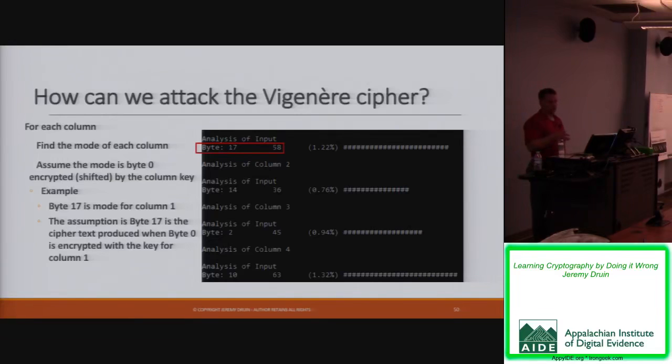Let's assume that byte 17 is 0 encrypted. That means that the key used to encrypt the 0 must have been 17 because it was shifted 17 spaces. The second column mode is actually only 14. So chances are byte 14 is the key because 14 minus 0 is 14, and so on and so forth. And we'll do that for all 8 columns and see what we end up getting.